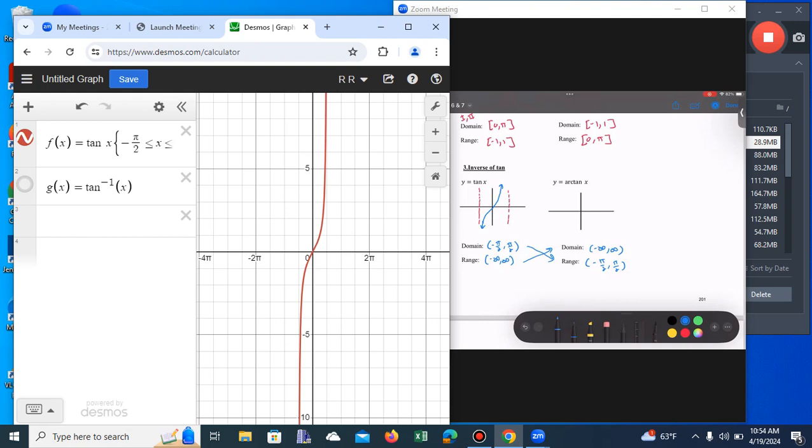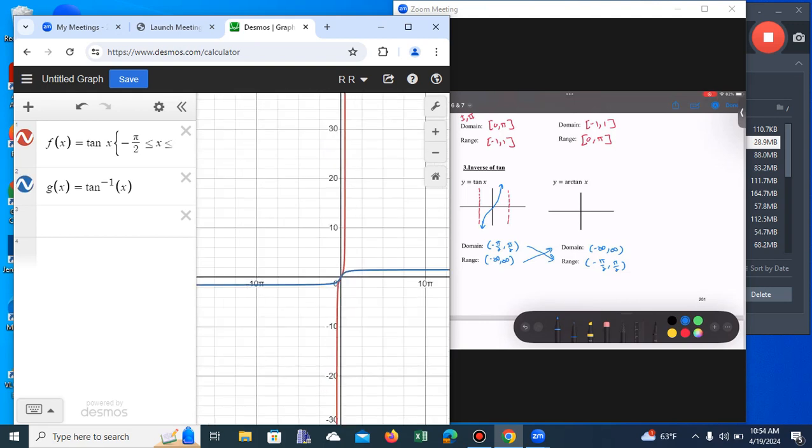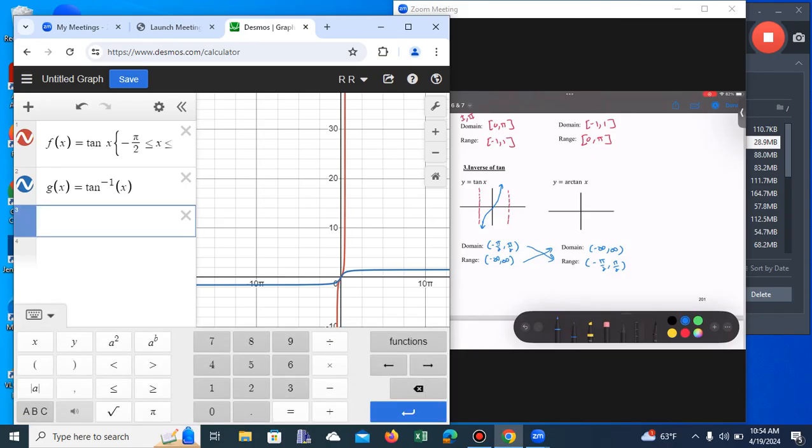And when we look at the arctangent, that's what's happening. You get your horizontal asymptotes that are at -pi over 2, pi over 2. Do it this way. Y equals pi over 2.